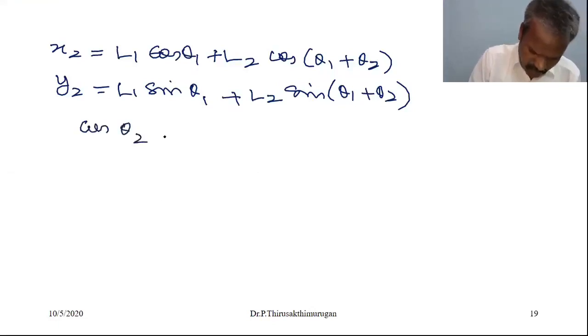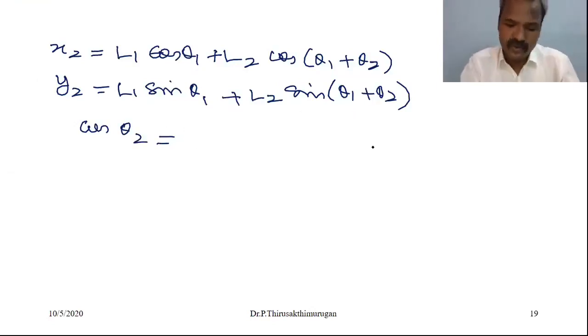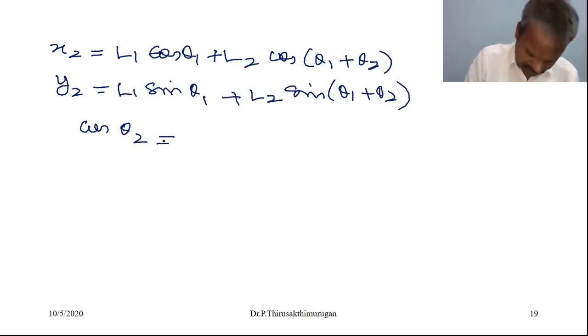Cos theta 2 equal to... this is for 2 degree of freedom, right? Cos theta 2 equal to, actually, instead of x we have to put x3, right?